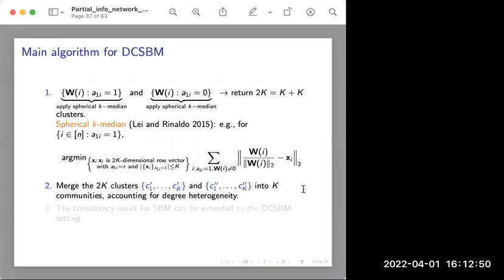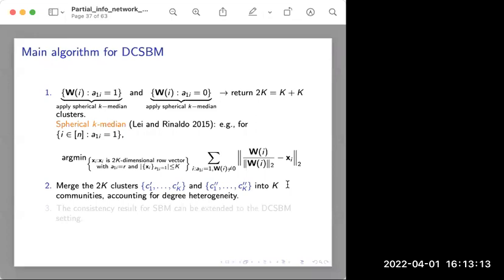Now with the degree parameters in, these proportions will also contain a component related to the average degree parameter within each block. So that needs to be accounted for by some other function we have defined in the paper, and I probably don't have time to show the detail here.